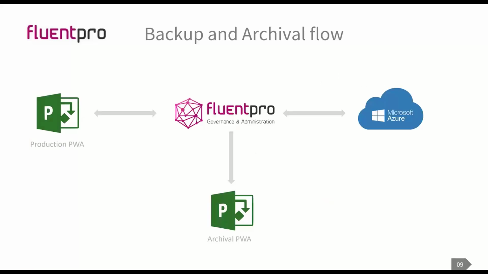In terms of preparation, one of the features that we have is the archival feature. It's part of the GA Suite, and it is also part of your PWA administration and protection environment. The idea is that in most cases, companies use PWA for Project Online for years, and you might have a PWA with hundreds or even thousands of projects, but at the same time, you might have only maybe 50 projects active.